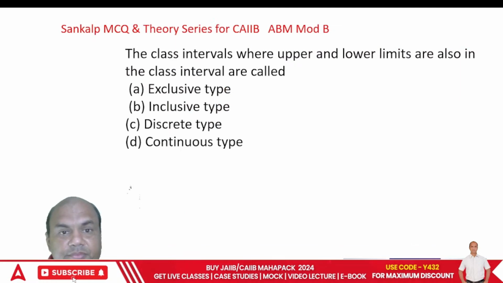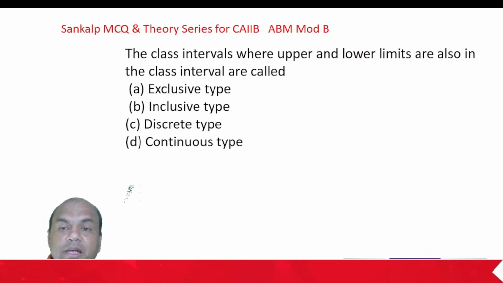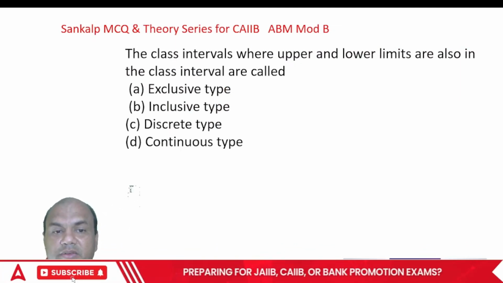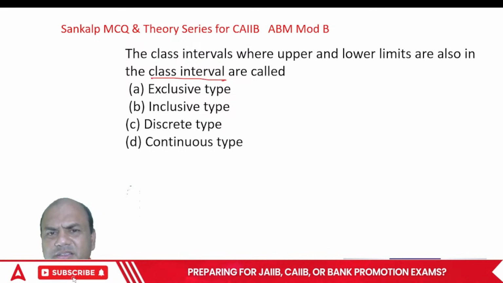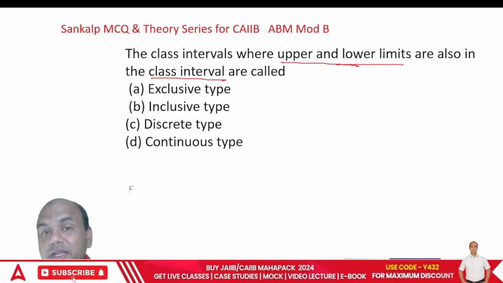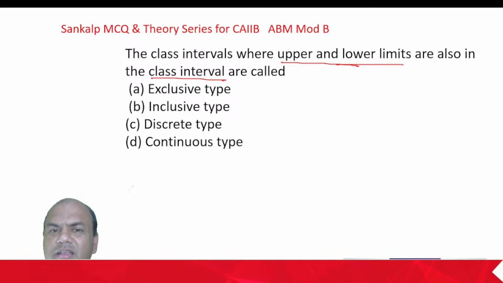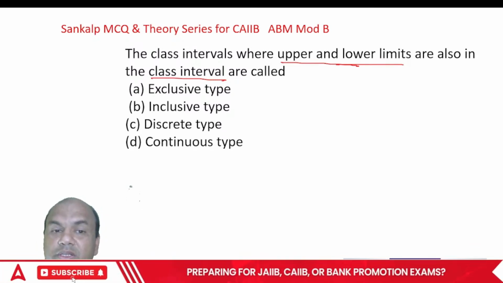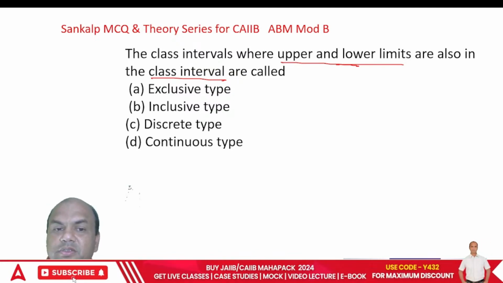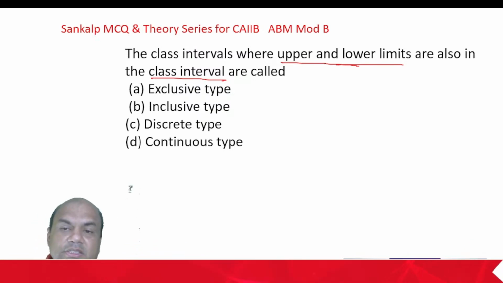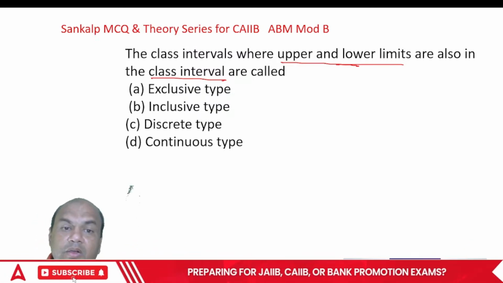The class where the upper and the lower limits are also in the class interval is called as what? Have we done this? No, I was explaining you at that time. Yes, this is the same question which we have done. Upper and the lower limits are also in the class interval. So it is called exclusive, inclusive, discrete, continuous. Which is this?